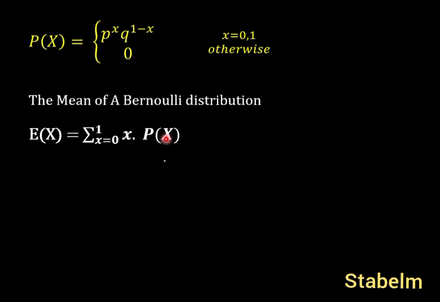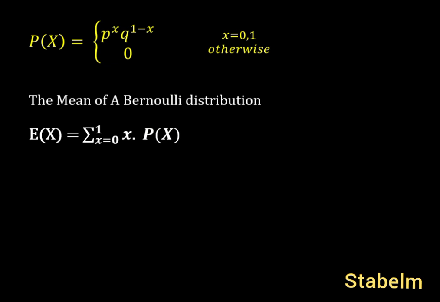When you multiply x by this probability mass function, we get the mean of the distribution. P of x is the probability mass function of Bernoulli, which is p raised to power x multiplied by q raised to power 1 minus x, and 0 otherwise.